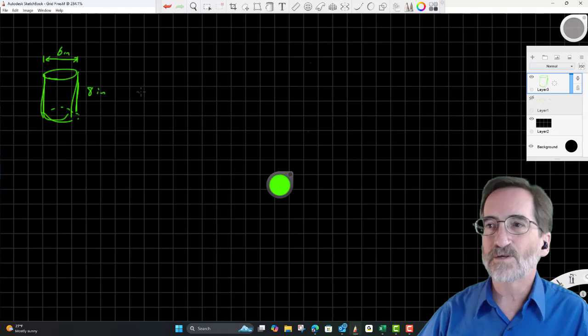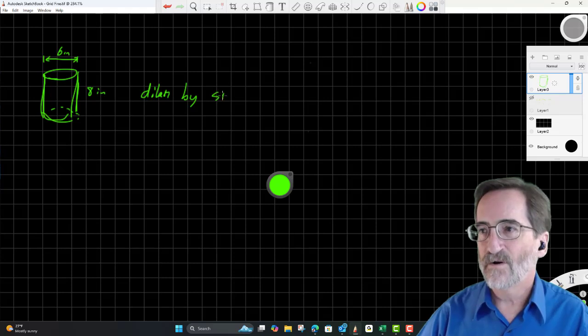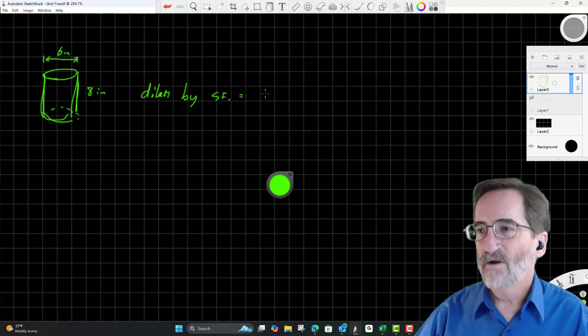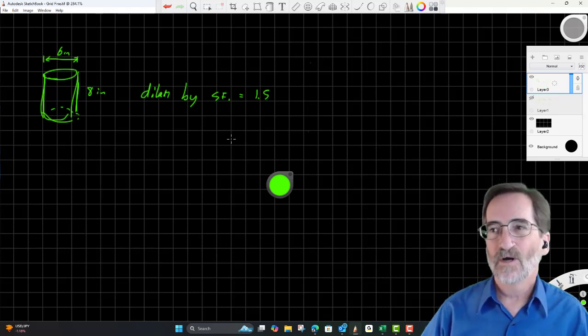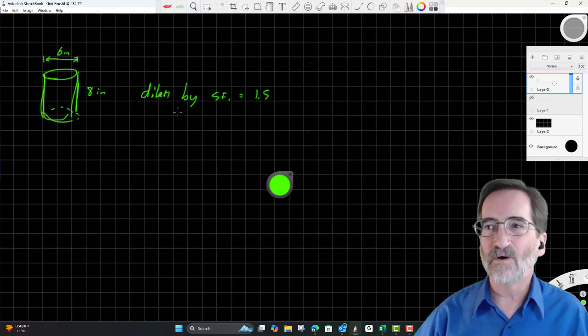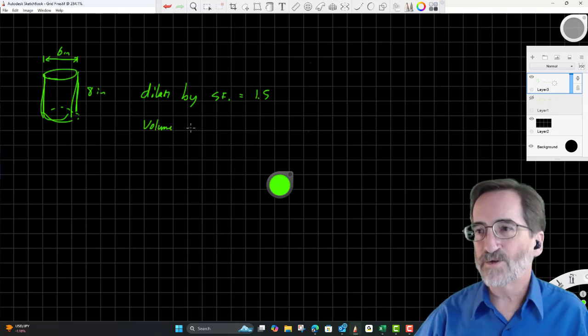And we are going to dilate by a scale factor of 1.5. So we're going to make all the dimensions 1.5 times bigger. What happens to the volume? The volume gets multiplied by 1.5 to the 3rd.